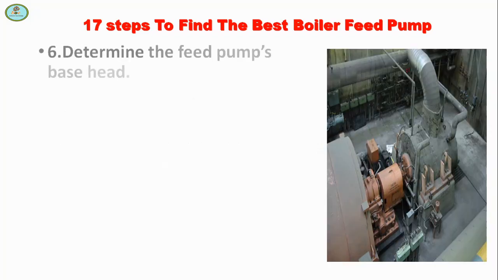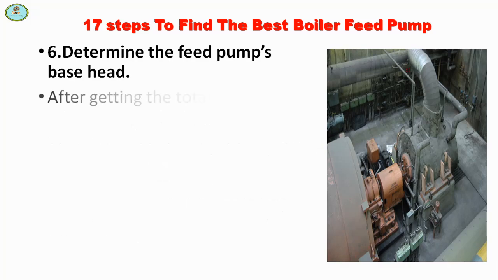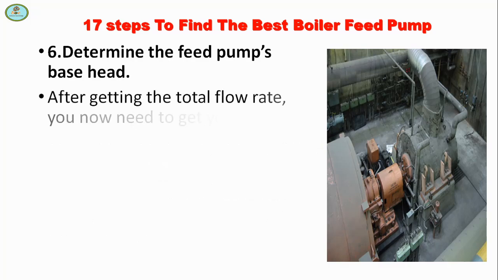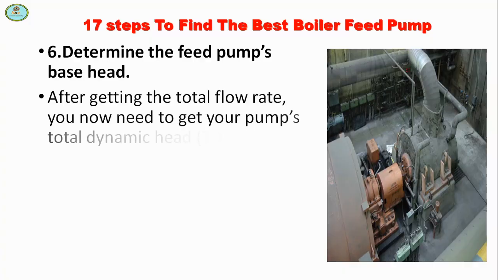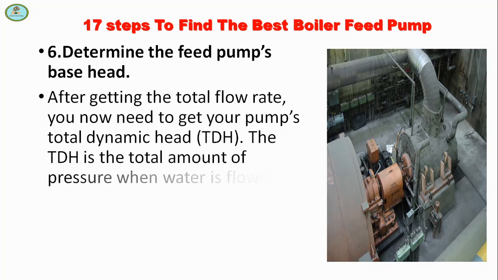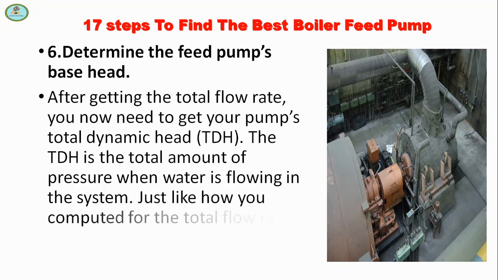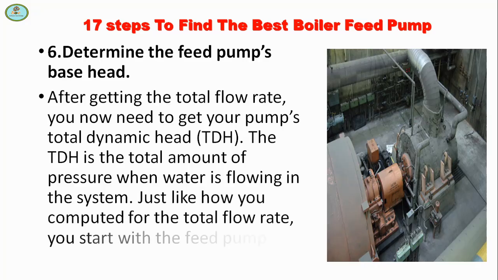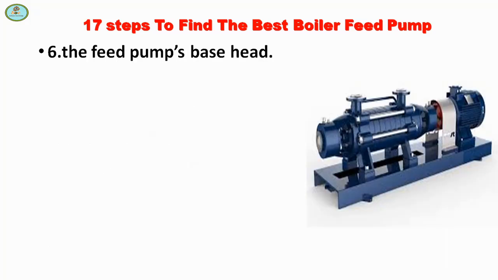Sixth is determining the feed pump's base head. After getting the total flow rate, you now need to get your pump's total dynamic head. The TDH is the total amount of pressure when water is flowing in the system. Just like how you compute for the total flow rate, you start with the feed pump base head.